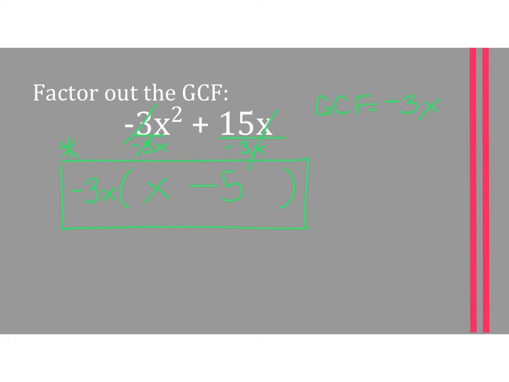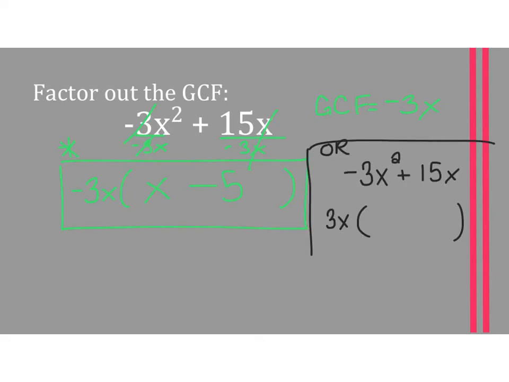Now, I just want to point out quickly that if you hadn't divided by a negative, you would still get an acceptable answer. So if you had decided to just divide by positive 3x, let's just look at how this would change things. You would be left with negative 1x, and then 15 divided by 3 would be plus 5. So compare these two answers here.